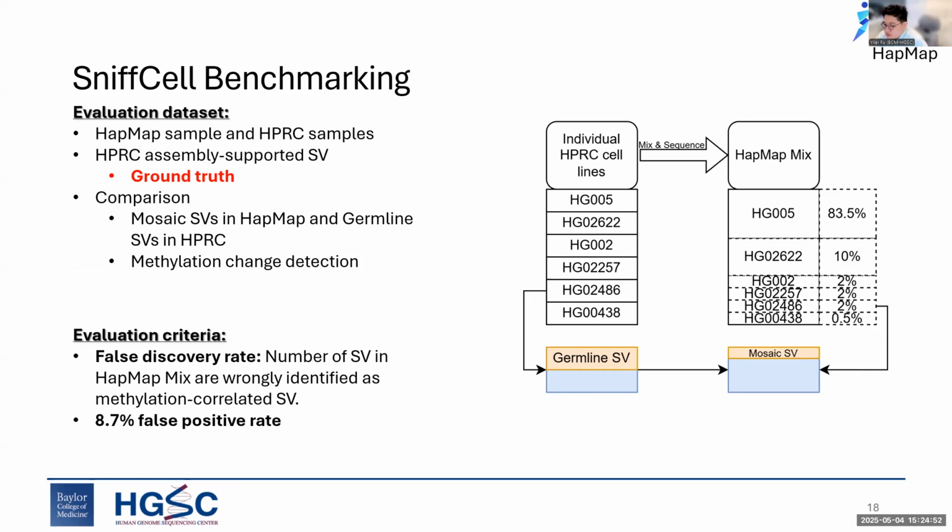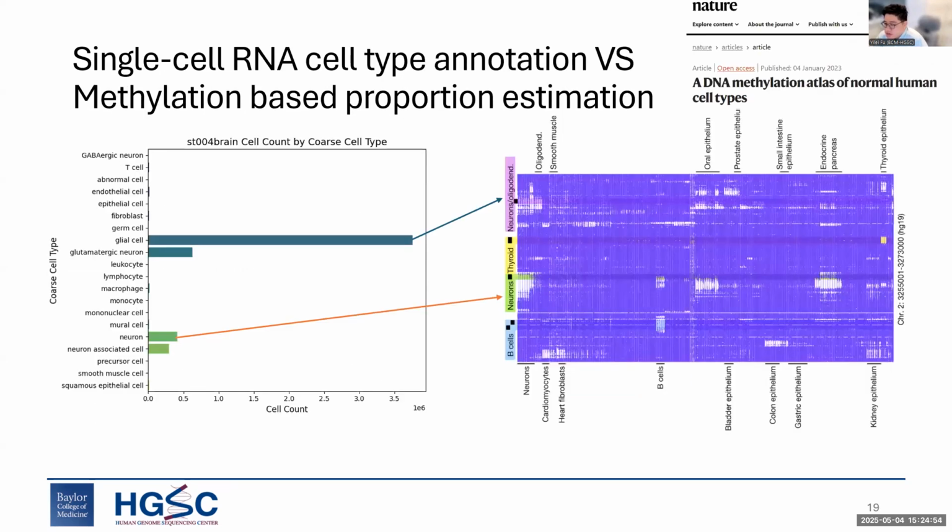But is this all we can do with long-read DNA methylation? With single-cell RNA technology, we could obtain the cell types from a tissue and further look up their DNA methylation landscape. As I mentioned before, a recent paper has released a DNA methylation atlas for normal human cell types, which contains the regions on the genome where a certain cell type has lower methylation levels while the others have higher methylation levels.